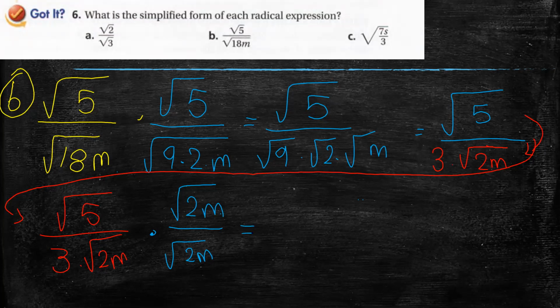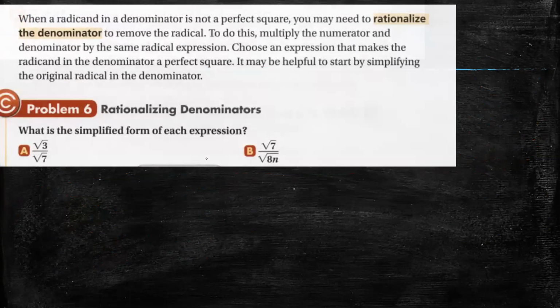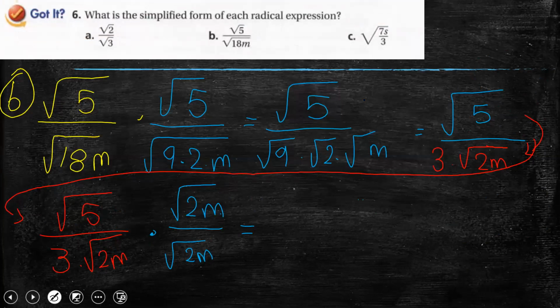Then after that, look at the denominator now. What did you have? Teacher, it will be 2m times 3 equals 6m. Exactly. It is 3 times square root of 2m squared.